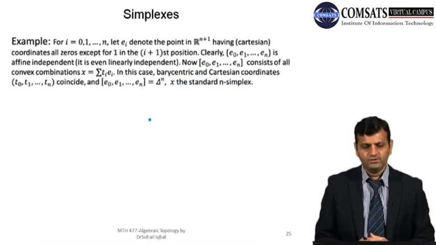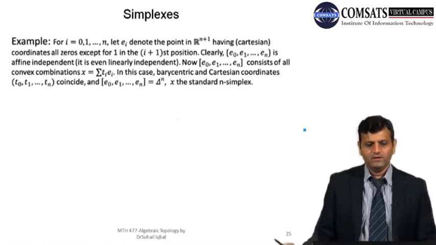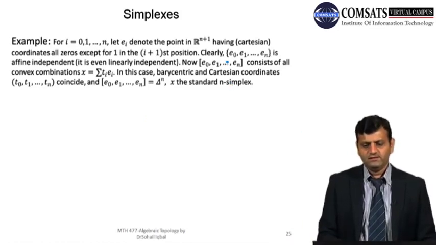For i equal to 0 to n, let ei denote the point in R^(n+1) having Cartesian coordinates all 0 except 1 in the (i+1)th position. So let's consider the set e0 up to en, defined in the following way: e0 has 1 at the first position and the rest of the coordinates are 0.